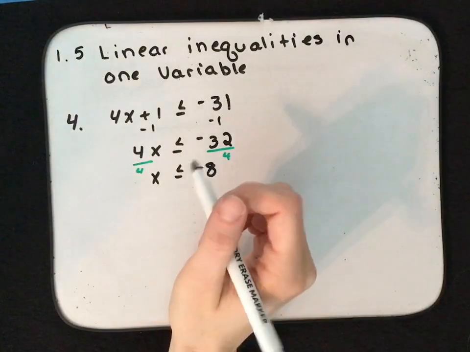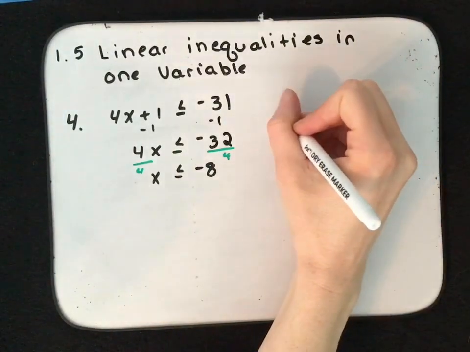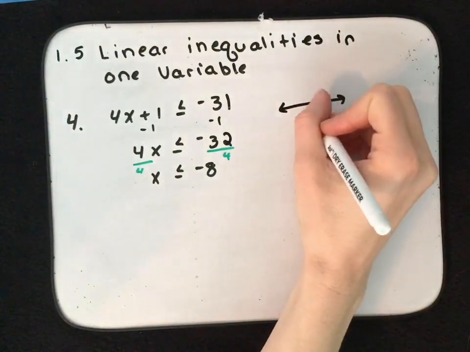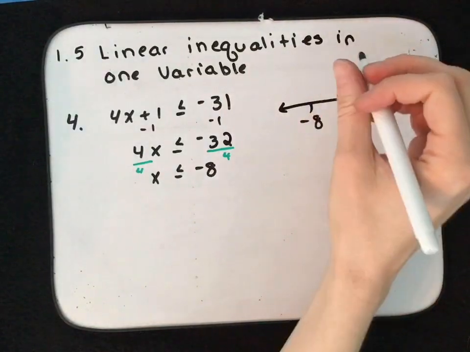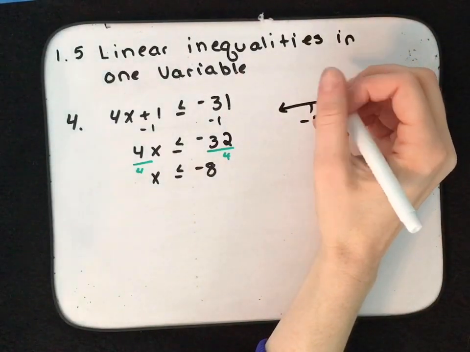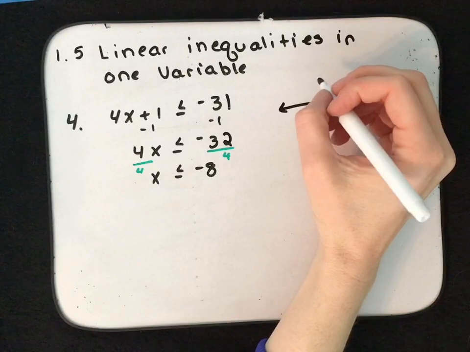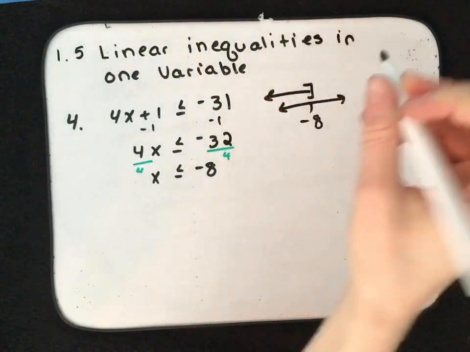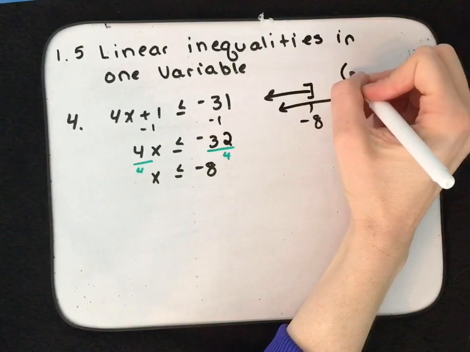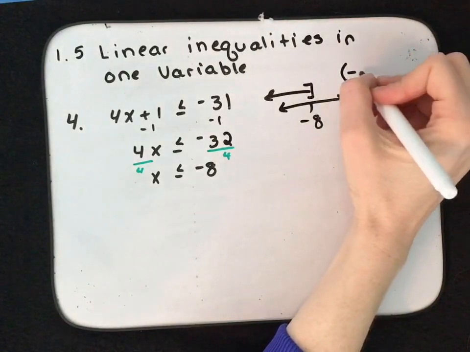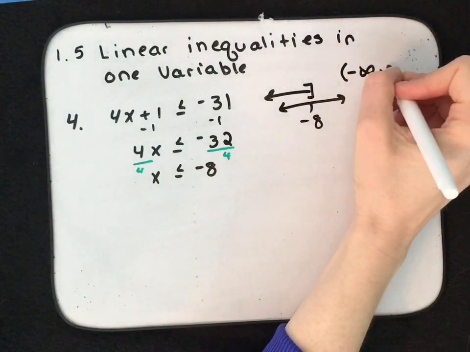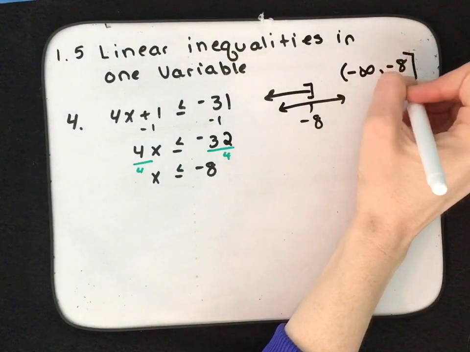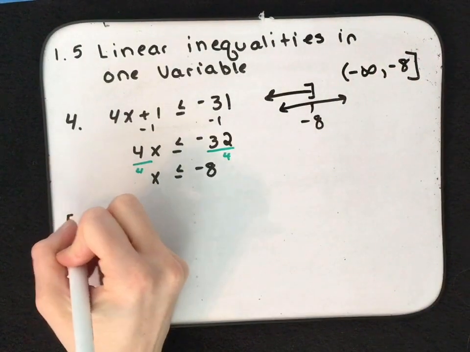So then, we can graph this. So -8 would be right here. We need less than or equal to -8, so we can use our bracket. And our interval notation. There we go.